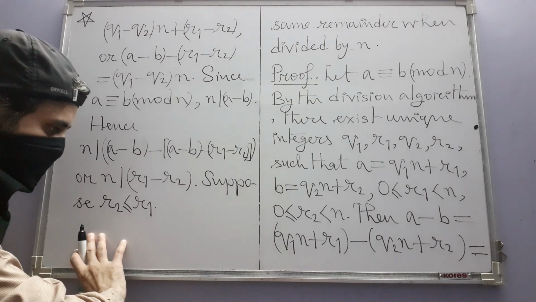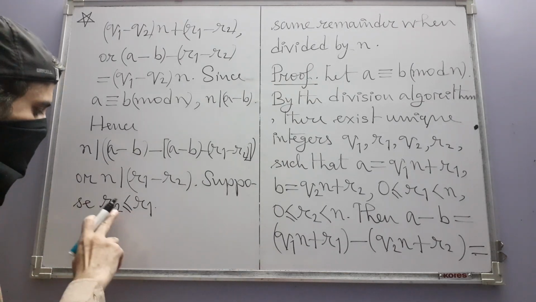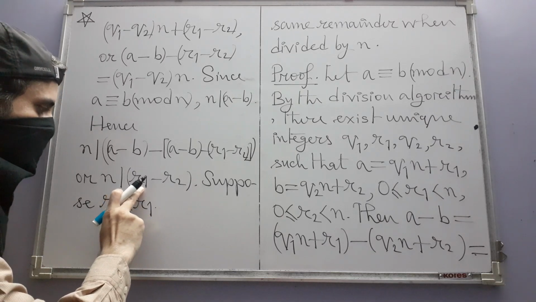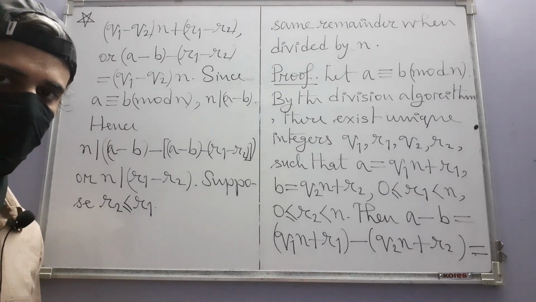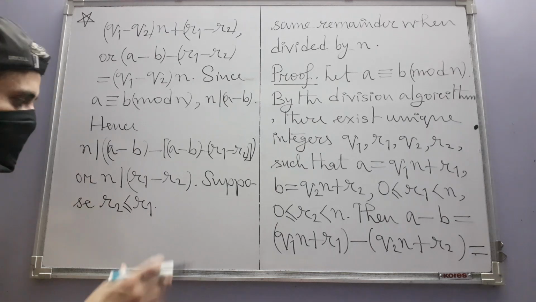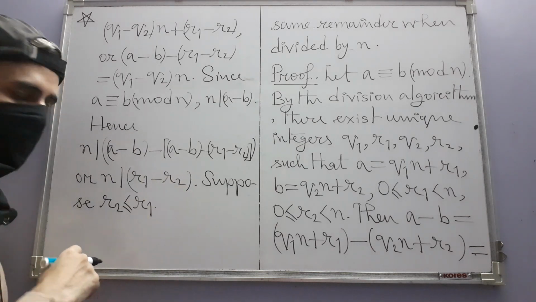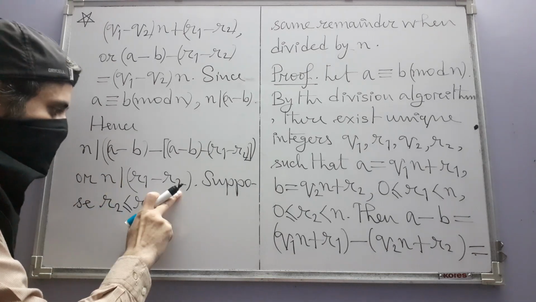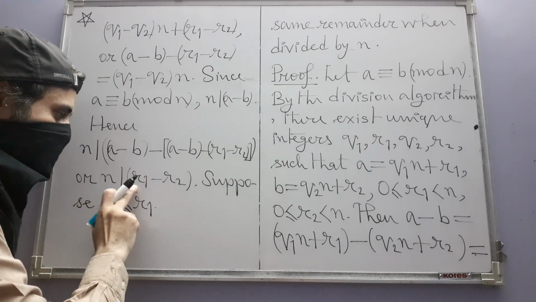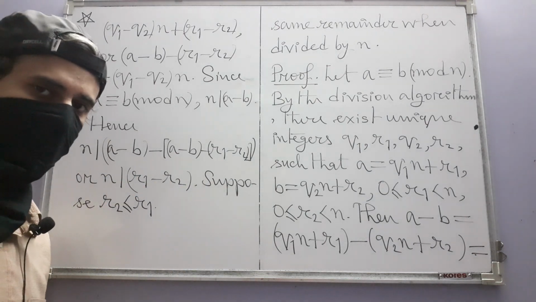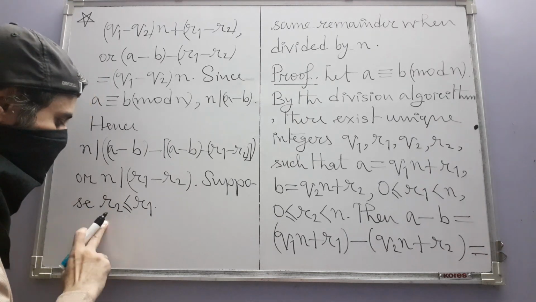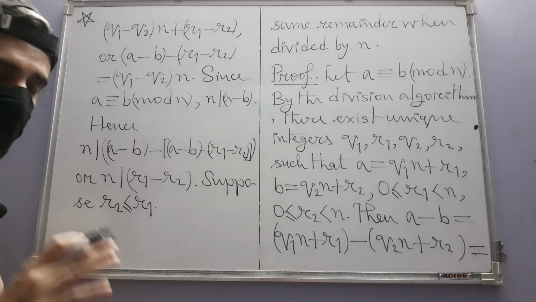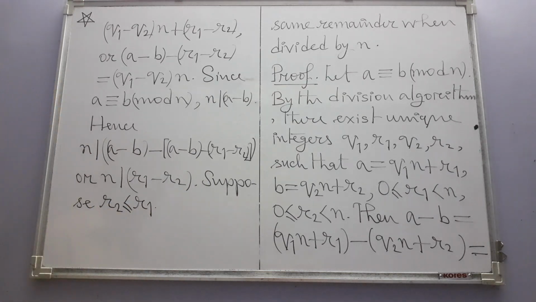There is another similar case where R2 is greater than R1. In that case, you just consider R2 minus R1. But how? You cannot just simply out of the blue consider something without any reason. Because n divides R1 minus R2, n divides its negative also, which is R2 minus R1. So if R2 happens to be greater than R1, you consider that case. But let us now see what we get in this case.